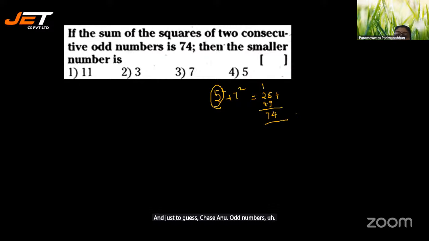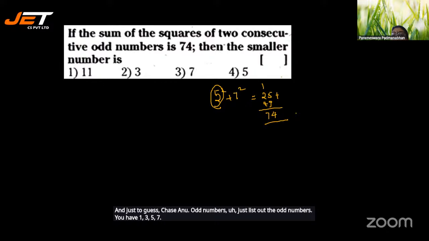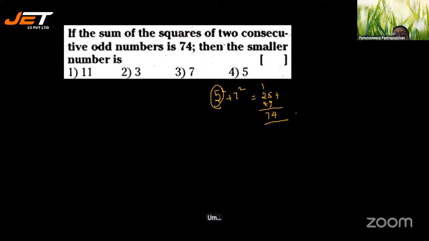Just list out the odd numbers. You have 1, 3, 5, 7, I mean 11, like that. In that, I just omitted 3, and after that I took 5, because see, anyway from this only the numbers are going to be, isn't it?